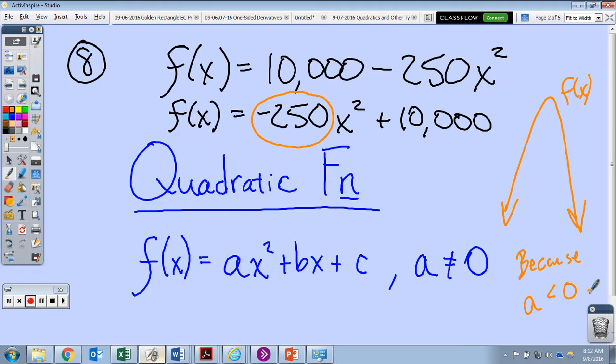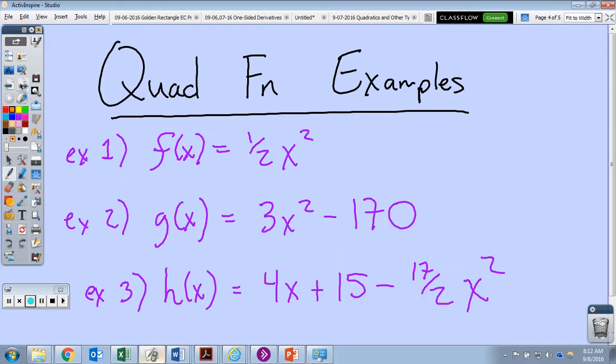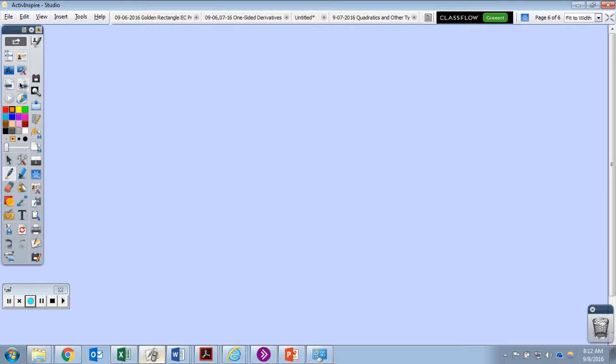That should tell me how many years must pass before that car is considered to have no value. Let me know if that doesn't make sense. Try letting f of x be 0. Okay? Any questions?